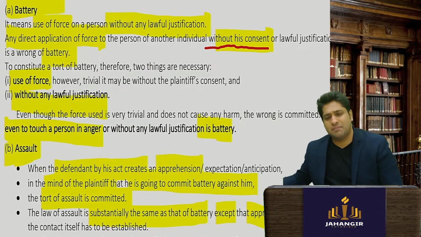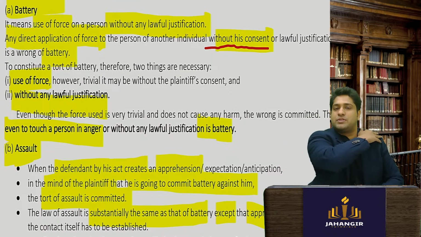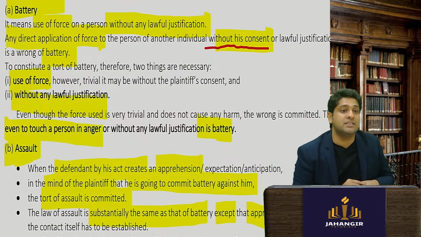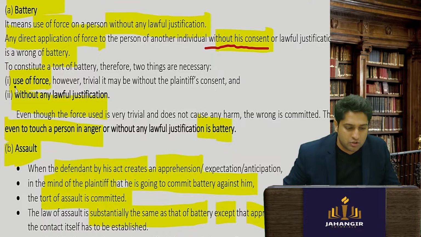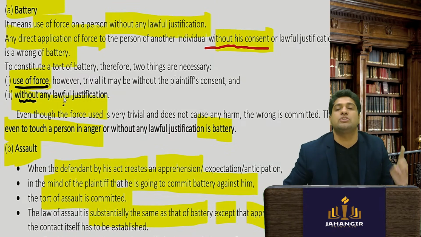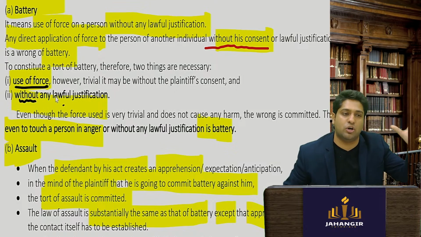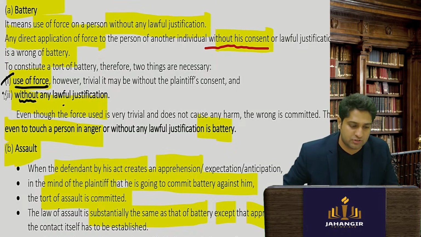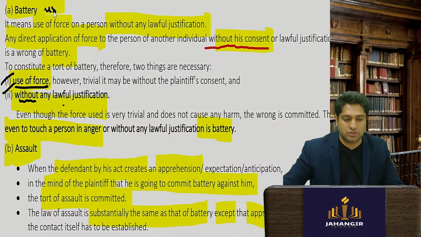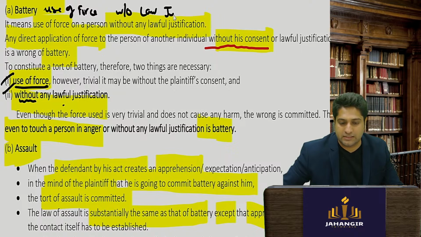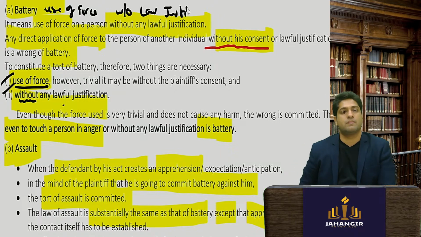For example, someone comes and slaps a person. Now this had two things: use of force and without lawful justification. So it will be said that you have done the tort of battery. Finish. There is a use of force without lawful justification. Done.